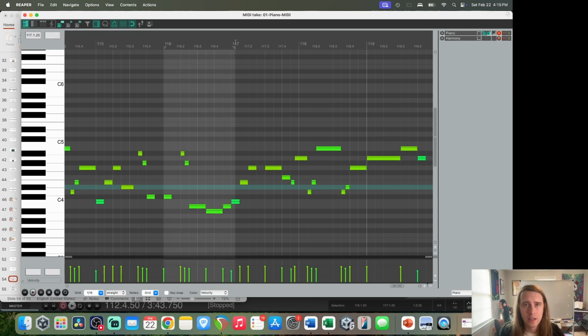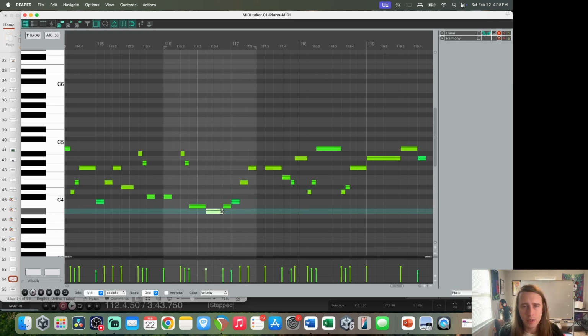Right here is an example of a neighboring tone. These two notes are within the scale or the mode I'm playing at the moment. This one is not, but it's neighboring. It just kind of dips out and goes back in, and it sounds like this.